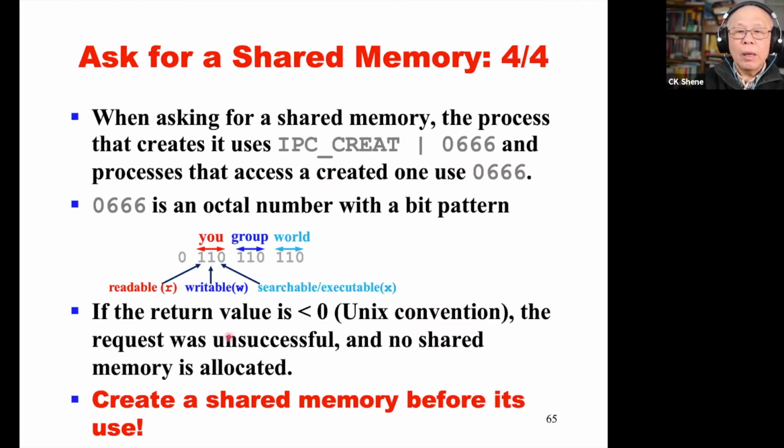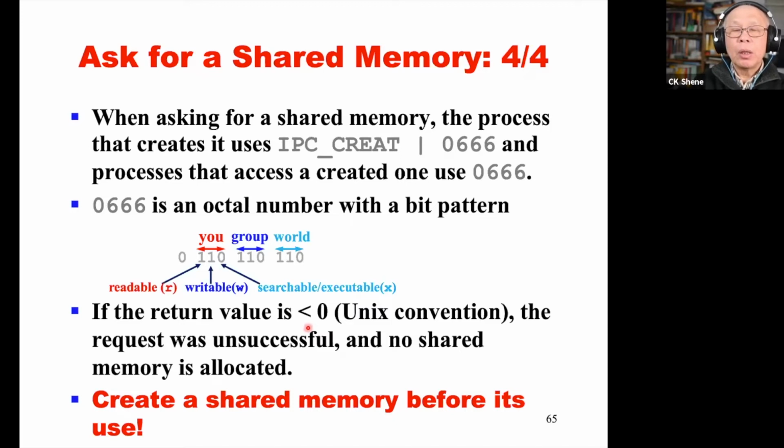Then if the return value of shared memory get is less than 0, which is a Unix convention, the request was unsuccessful and no shared memory is allocated. Why would shared memory get return a negative value?